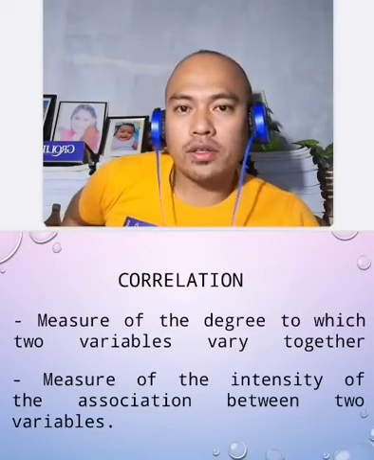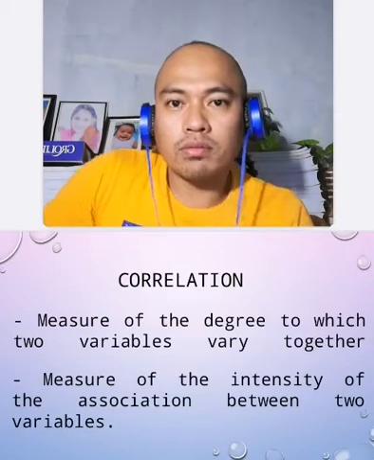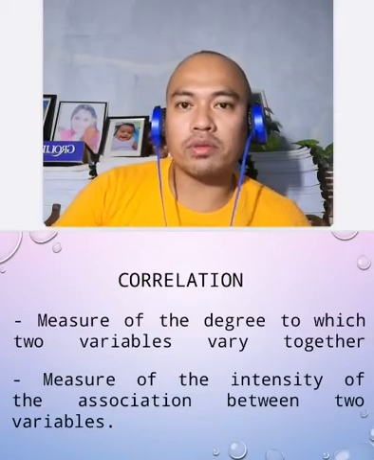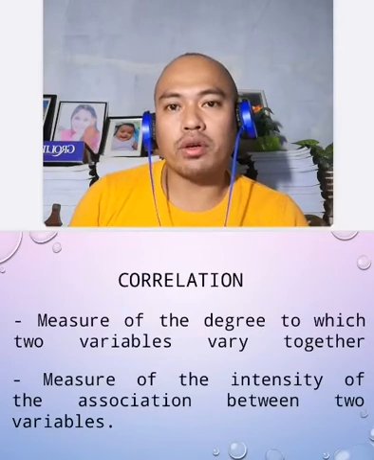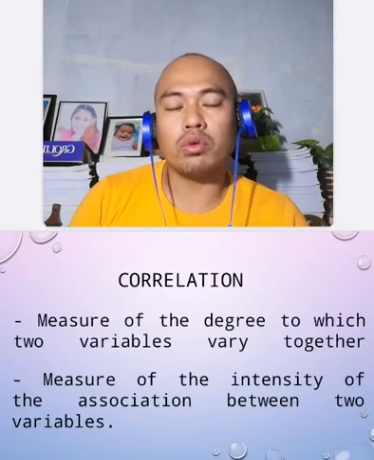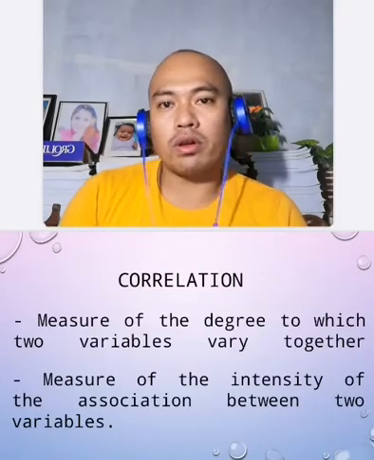Hello guys, so this is another video clip about measures of correlation under descriptive statistics. When we say measures of correlation, we are trying to look into the association between two or more variables.